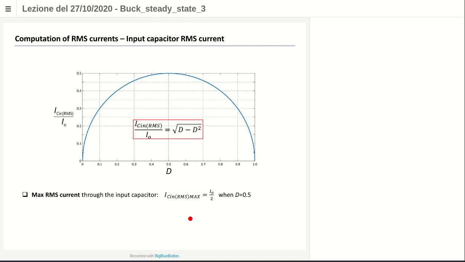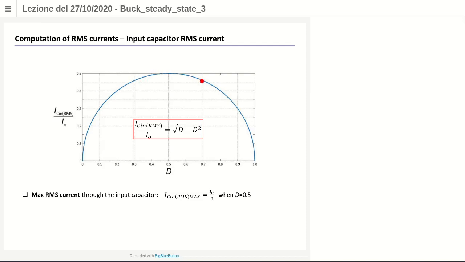Of course, if your operation does not include 0.5 as a duty cycle, for example, if your duty cycle just ranges from 0.6 to 0.8, you have to understand that you have to use the duty cycle closest to 0.5, which is 0.6 here, to get the worst case. Anytime 0.5 is included in your working operation condition, for example, when the duty cycle ranges from 0.3 to 0.6, the maximum is at 0.5.